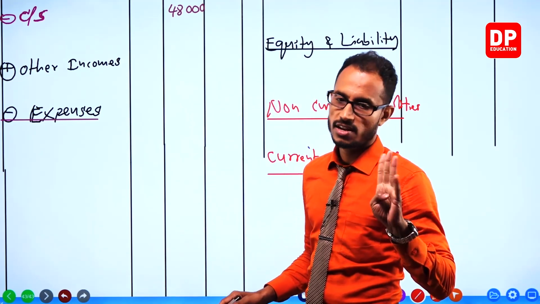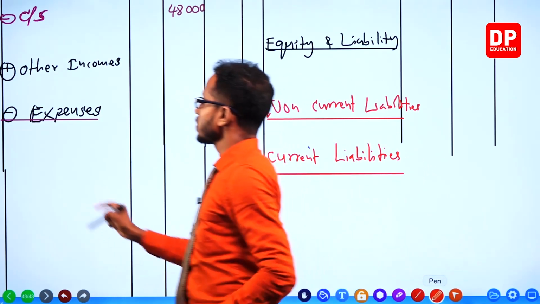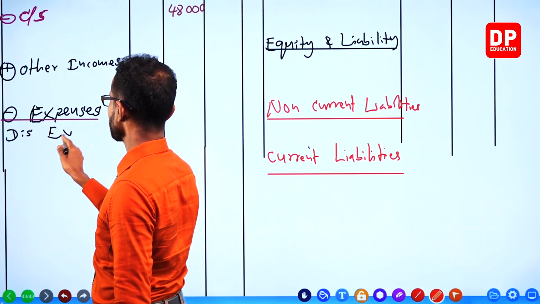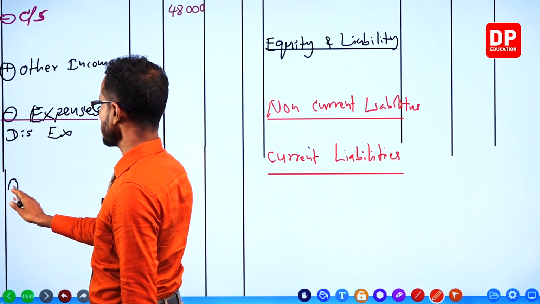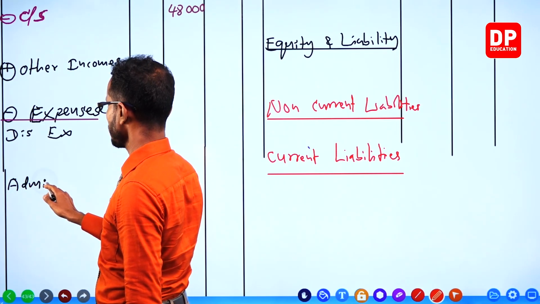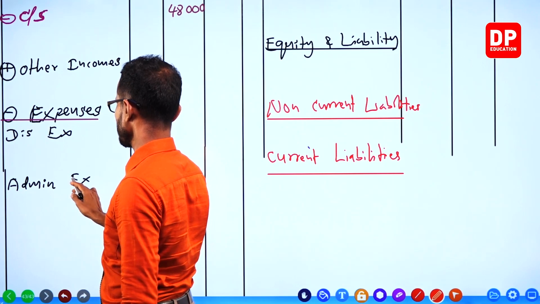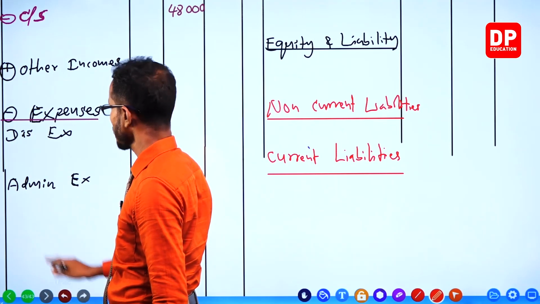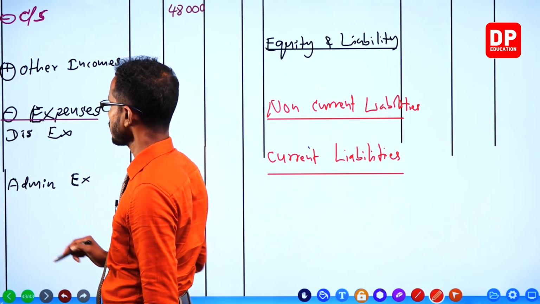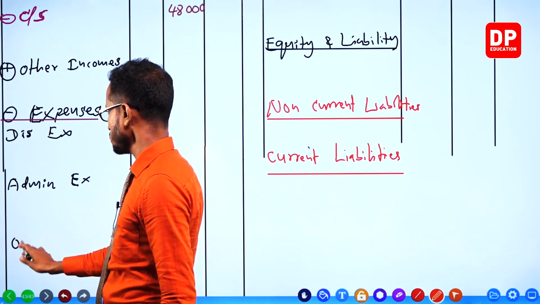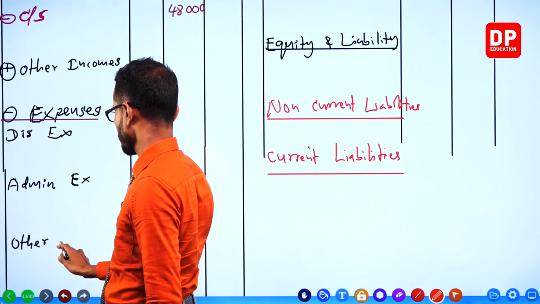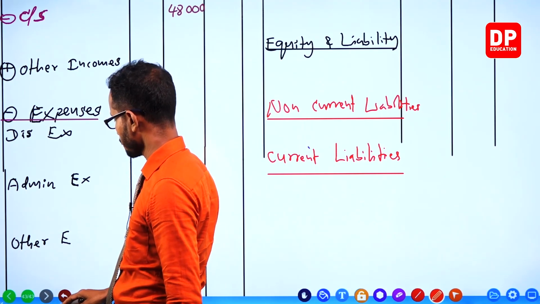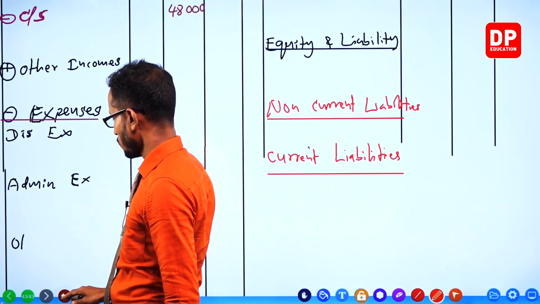Actually, there are 4 expenses. Distribution expenses category. Then administration expenses category. We have done these things already. That's why I'm using the short forms. Admin expenses, distribution expenses. Then other expenses. If you do this, it won't be a problem.